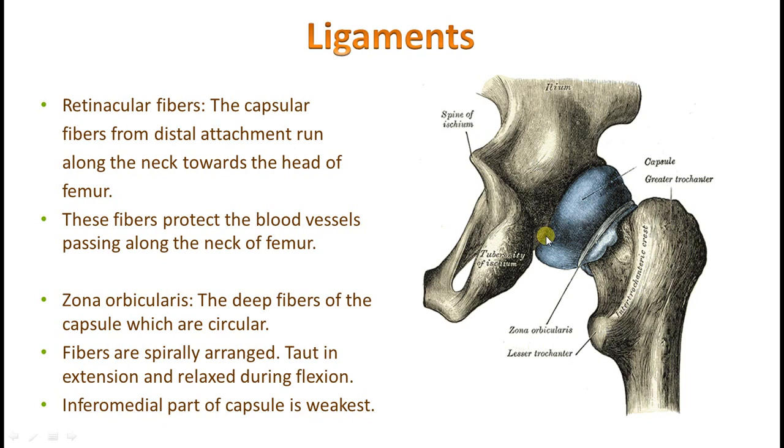Because of that, the head is held in its position even though the inferior part of the capsule is damaged. But the weakest point of the capsule is the inferomedial part. So in sudden forced hyperabduction, the capsule might tear and there is a chance of the head of the femur dislocating inferiorly.